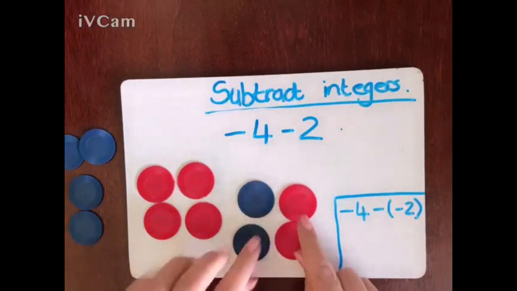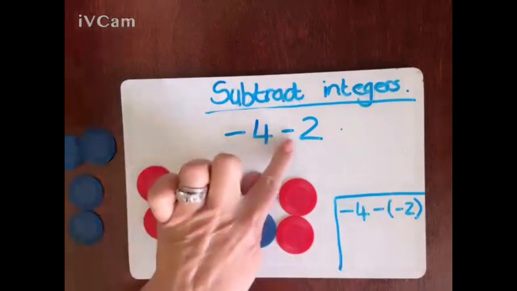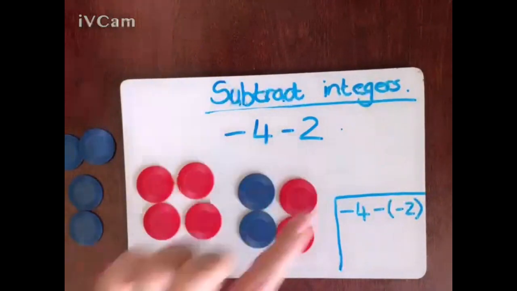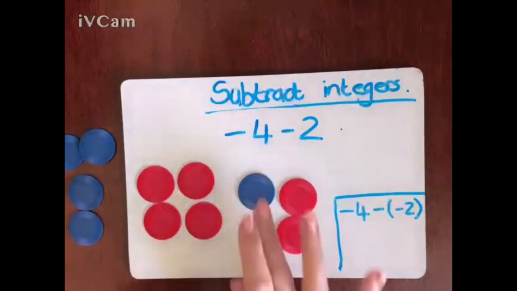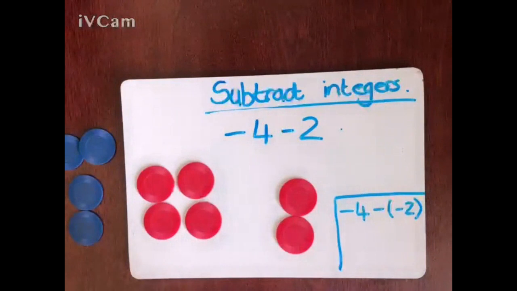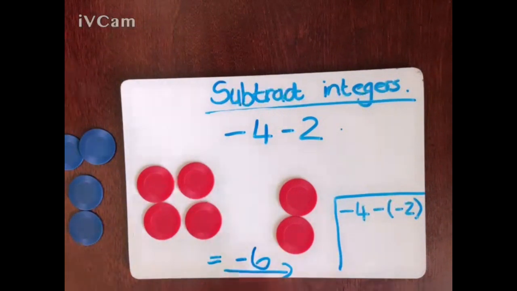So now we are able to take away 2 blue discs. So let's take these 2 away. So what are we left with? With 6 red discs. All right. So let's do another one.